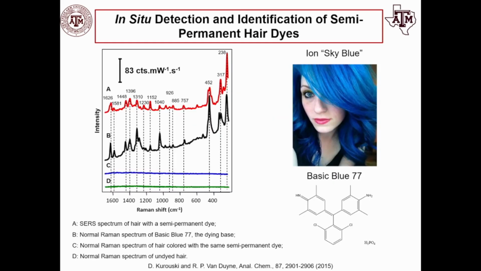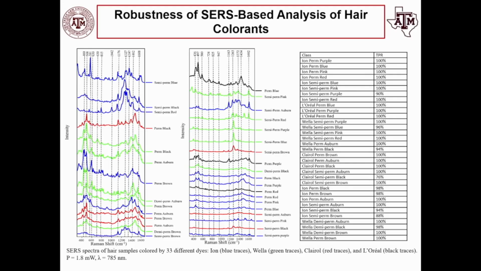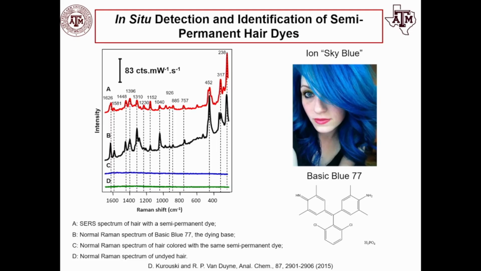And this is just an example of how this technique can be used to identify the colorant. So if you can see, if we dyed hair with iron sky blue, the semi-permanent colorant, we put nanoparticles on the surface of this colored hair, and we shine laser light on it, we get the red spectrum.